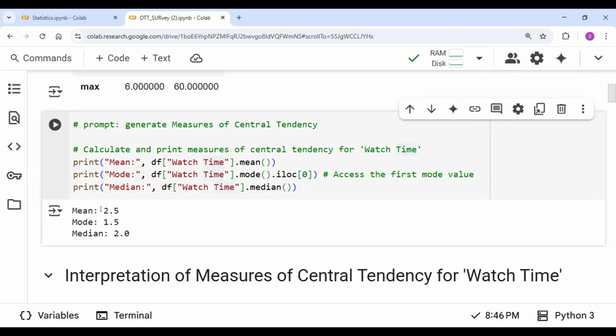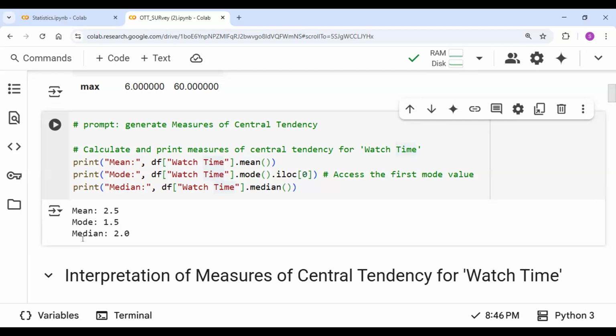On an average, 2.5 hours, but half the customers are watching less than or equal to 2 hours. The most frequent hour is going to be 1.5 hours.